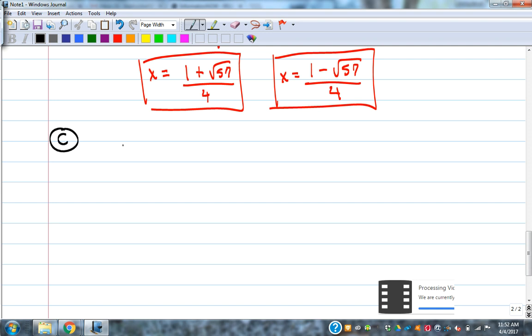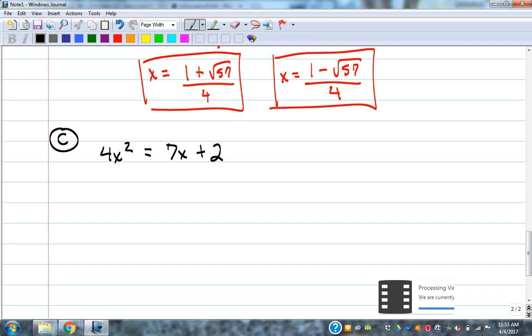Look at this one. 4x squared equals 7x plus 2. What's it got to be equal to? 0. Is that equal to 0? No. How could we get it equal to 0? I just subtract 4x squared.